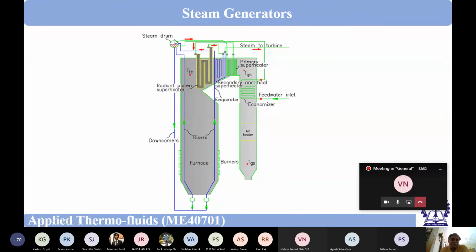This is the steam drum. And then these two are the risers. And then this is the downcomer. Downcomer is through the cold portion, whereas risers are going through the hot portion.